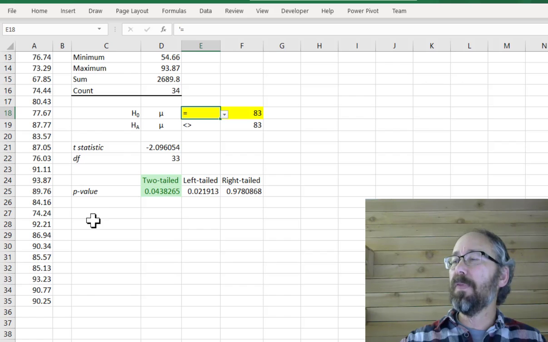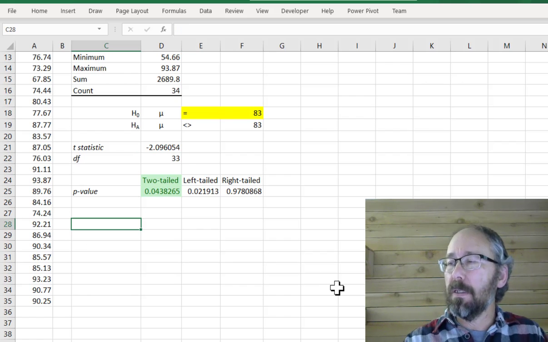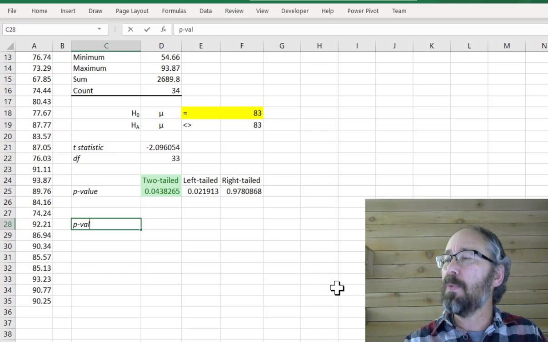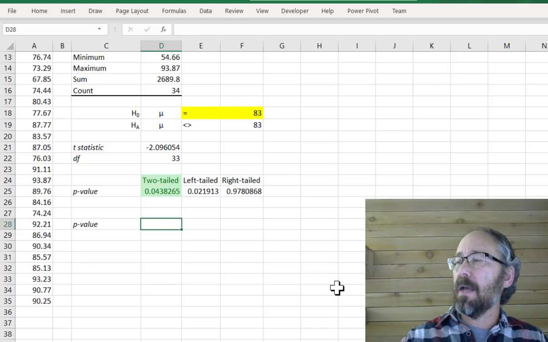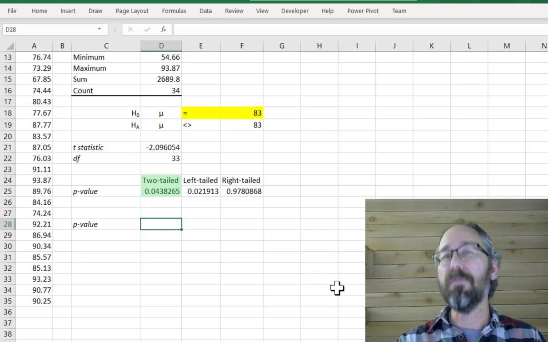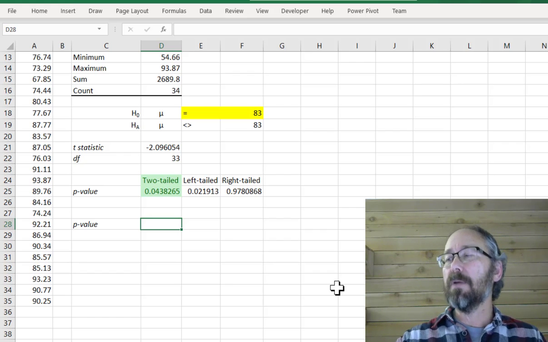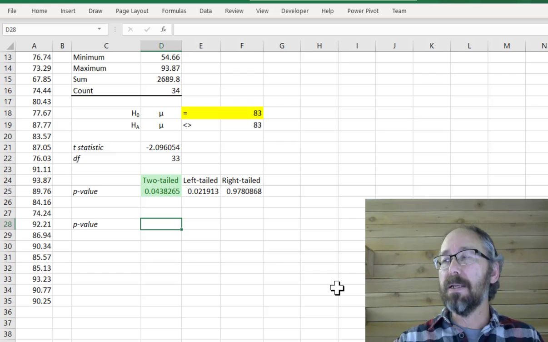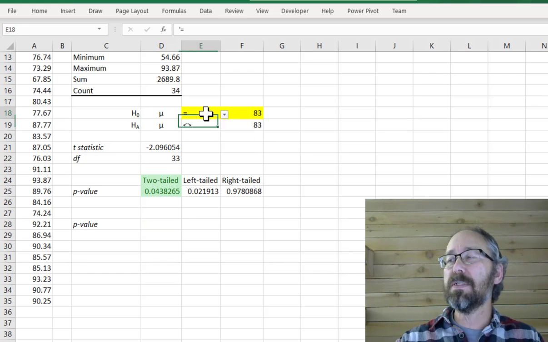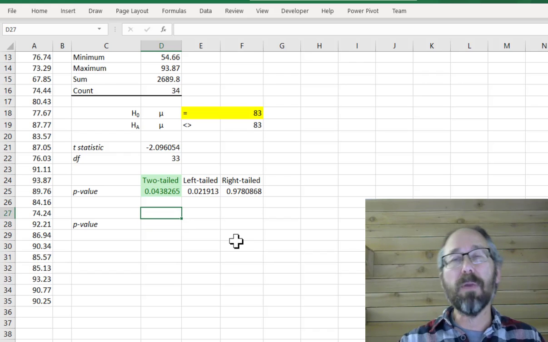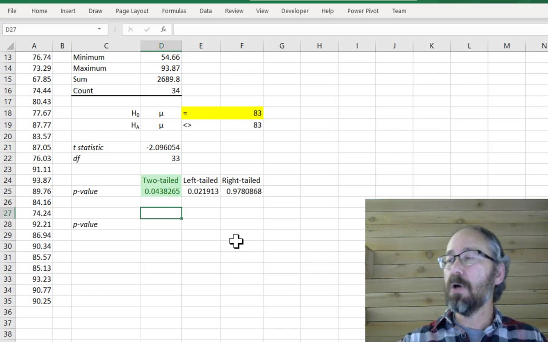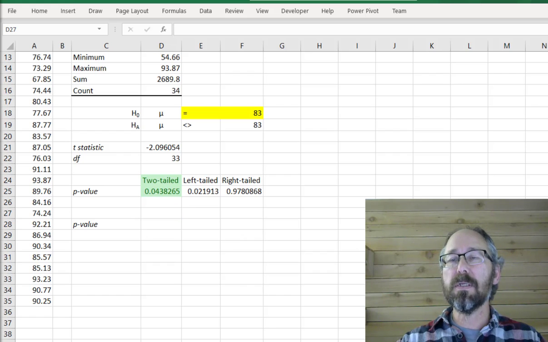Now, we can build that all into one formula, which is a great idea to do at this point. Of course, we're going to need to embed all of those formulas in to get that p-value, and it will have to be based on this symbol here in E18. We'll also want to label whether it's two-tailed, left-tailed, or right-tailed. So let me enter those formulas.